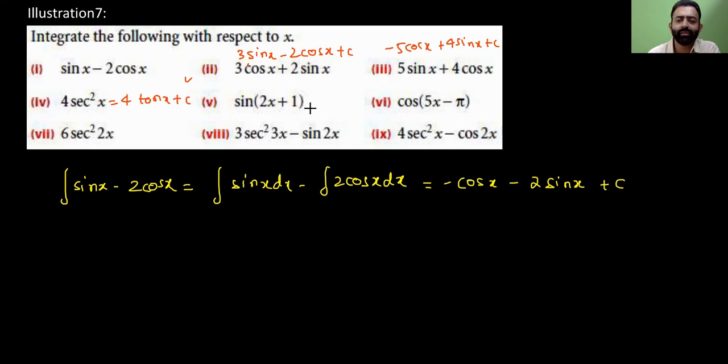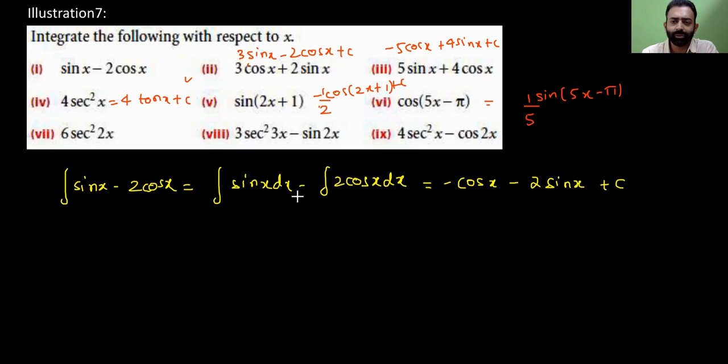The integral of sin(2x plus b) will be minus cos(2x plus b), or you can write this as minus 1 upon 2, since this 2 is the coefficient of x, plus c. For cos(5x minus pi), the integral is sin(5x minus pi), and this is 1 upon 5.